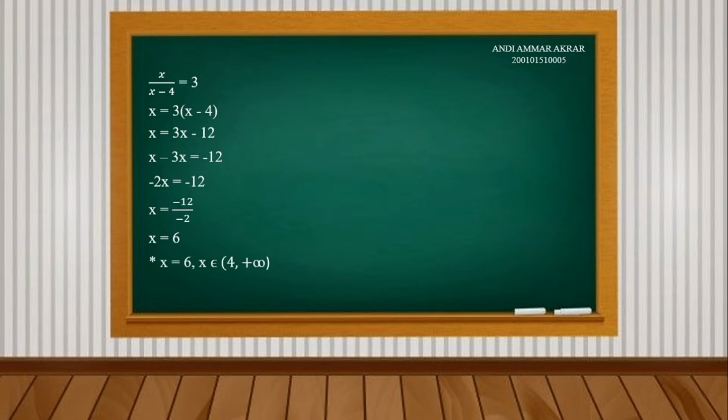To be sure, we can try using a calculator for the problem ln x minus ln (x minus 4) equals ln 3, and since we already have an x value which is 6, we can replace x with 6 in the equation, so that the equation becomes ln 6 minus ln (6 minus 4) equals ln 3.